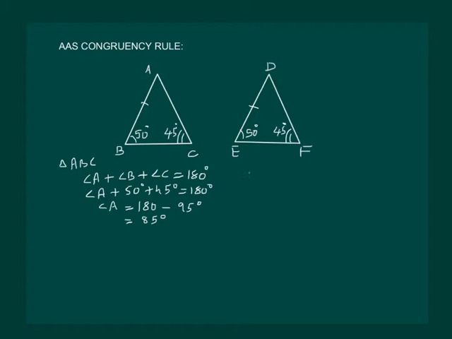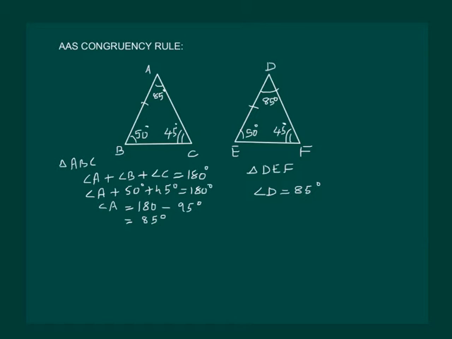Similarly, in triangle DEF, angle D will be 85 degrees. So we have angle A as 85 and angle D also 85 degrees. Now clearly we have two angles and the included side as equal.